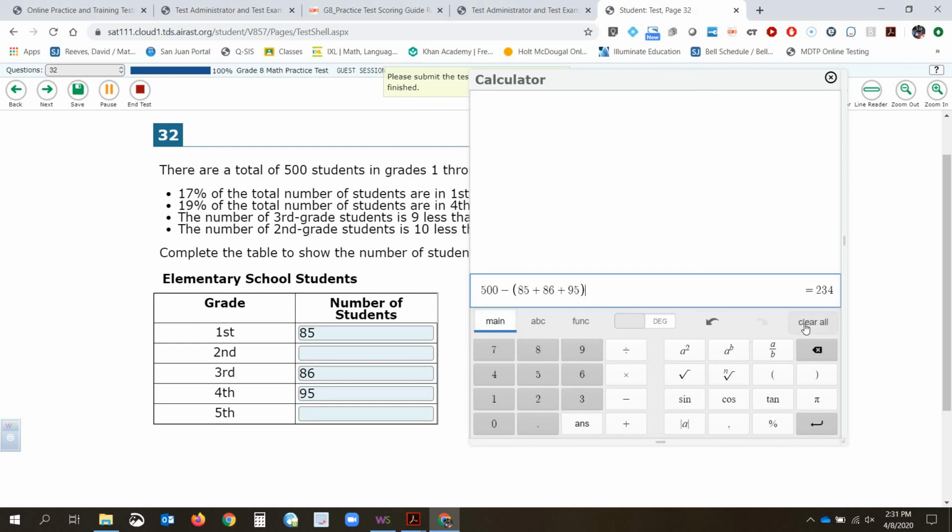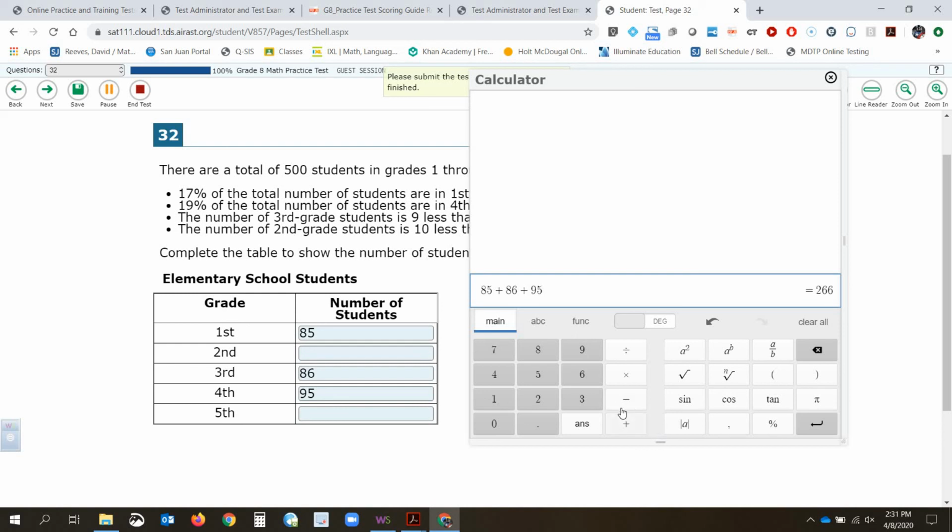All right, so let's clear this all out. 85, that's how many were in first, right? Plus 86, that's how many were in third. Plus 95, that's how many were in fourth, right?